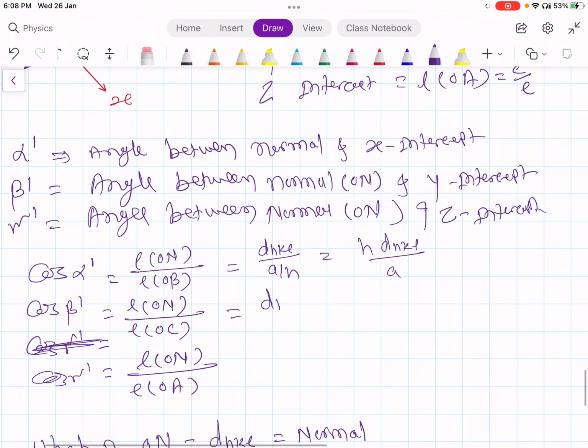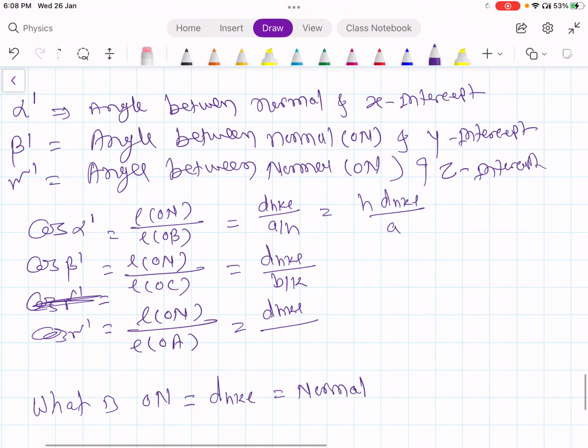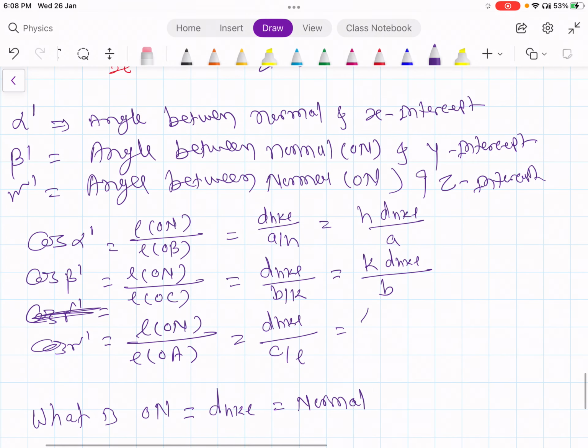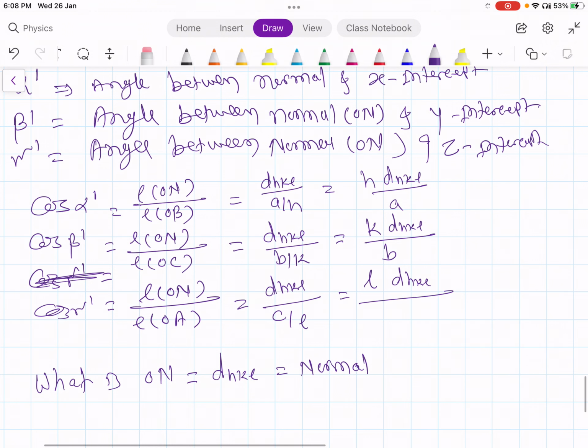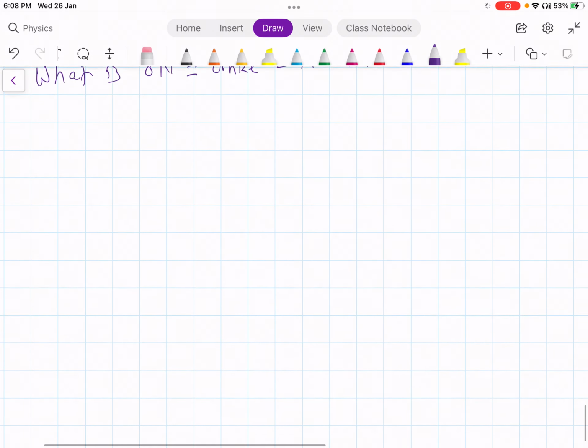Similarly, this is interplanar spacing divided by b by k, and this is interplanar spacing divided by c by l, which we can write as k into interplanar spacing divided by b, and l into interplanar spacing divided by c. So we got the values of cos alpha dash, cos beta dash, and cos gamma dash.